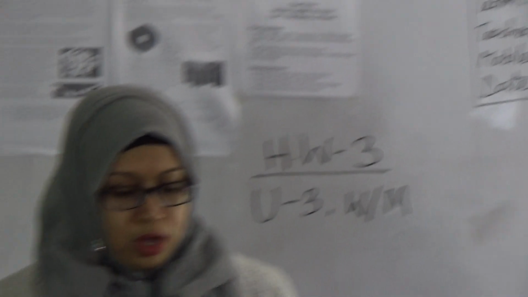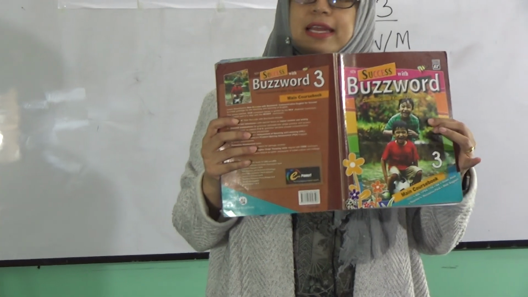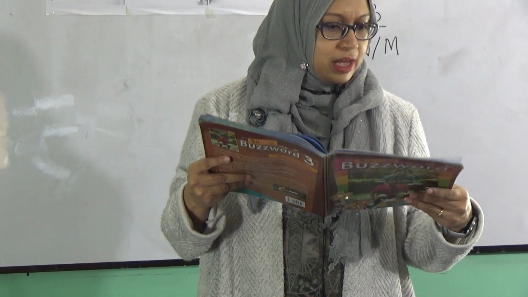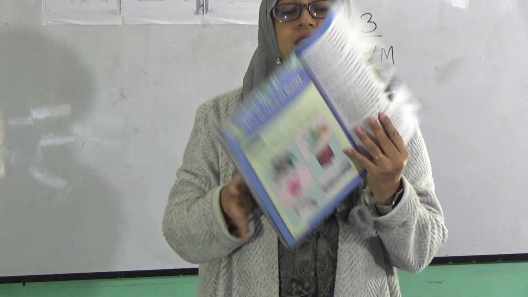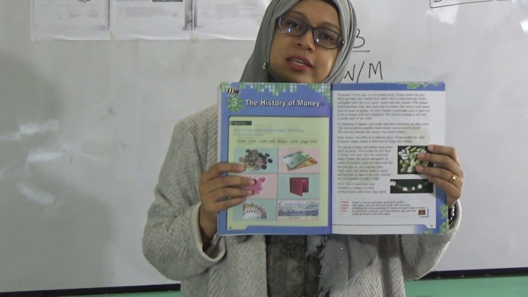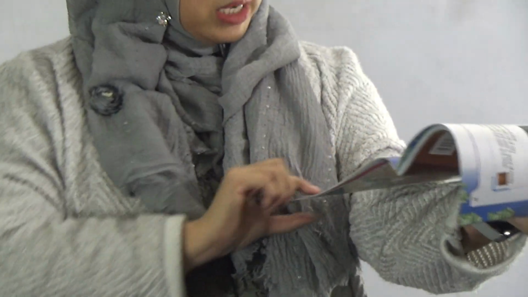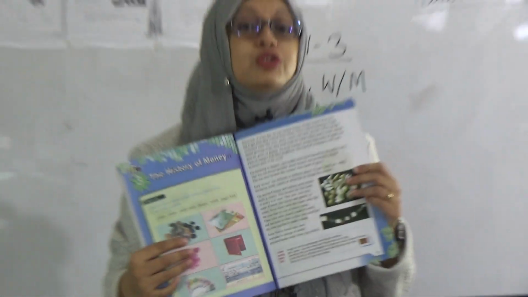Okay, so my dear students, you have this Buzzword book for your English literature class. Today we will learn Unit 3, which is the history of money. Open your book to page number 26, and we will read it out together.